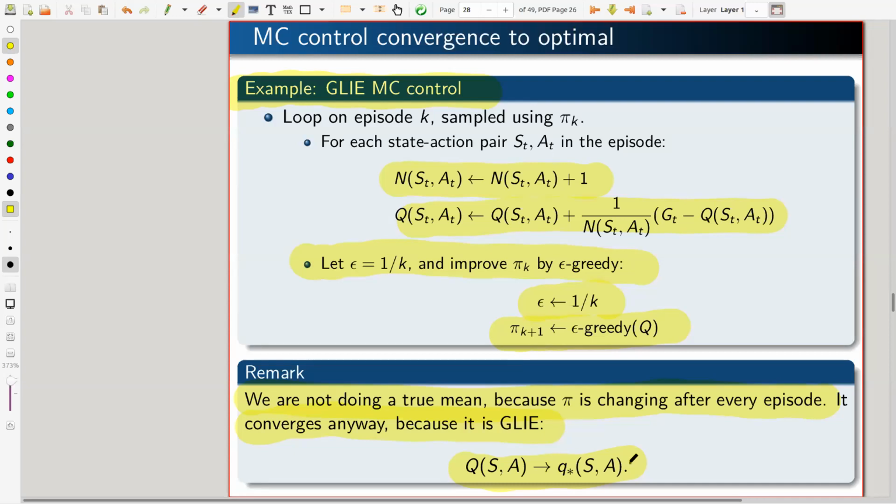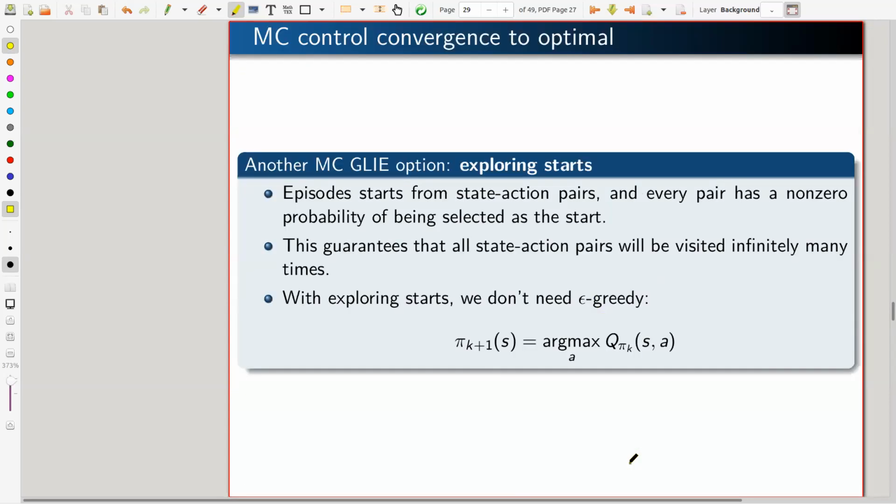And in this way, whenever you start a new episode, you are choosing a random state action pair. So exploration problem solved. And this means that you don't need the epsilon greedy part anymore. You can just improve the policy in the old-fashioned way, greedy improvement, just with the argmax.